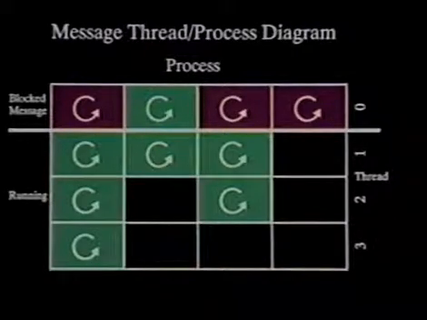That ensures that messages in the message queues are processed serially. Below the line are additional threads per process. Those threads are allowed to execute and are allowed to run, and those are labeled 1, 2, and 3 on the screen.